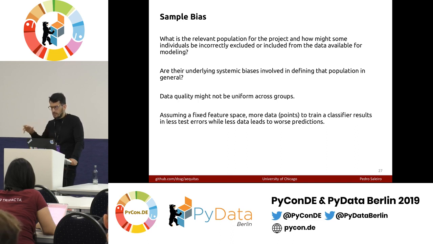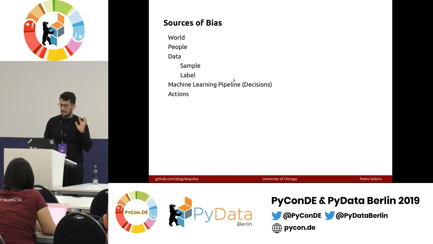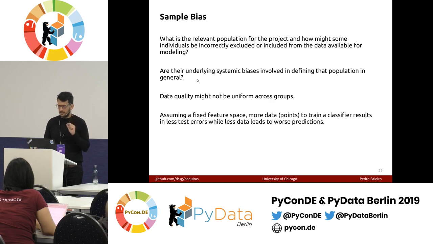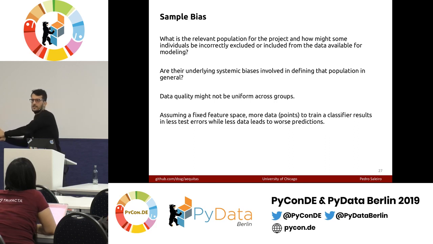When we are developing these models, we need historical data. And just to recap one thing, there are two types of bias in the data: the sample and the label. Let's just focus first on the sample. Often we are developing our machine learning models on a sample of the population that is different from the target population that will get the decisions.